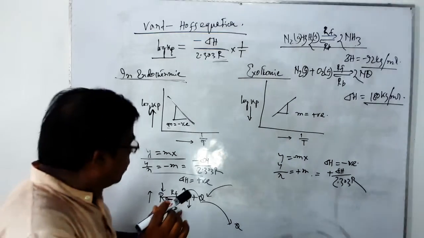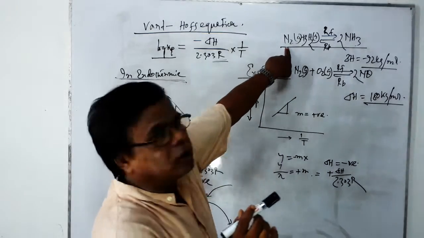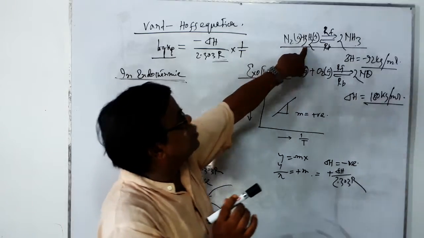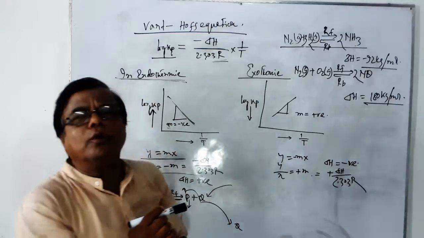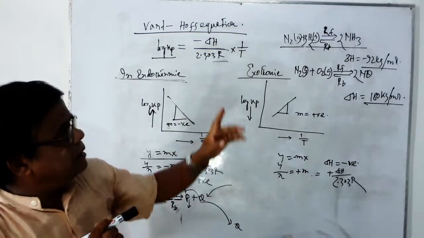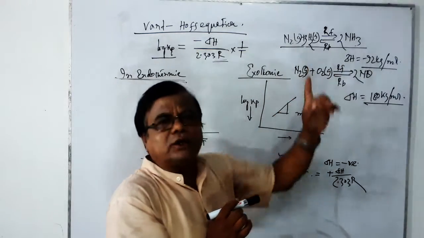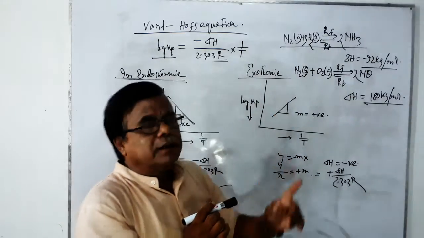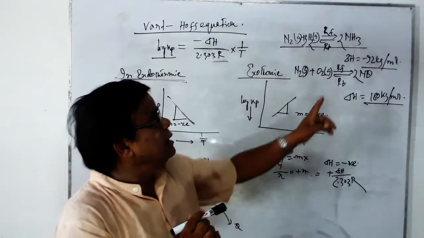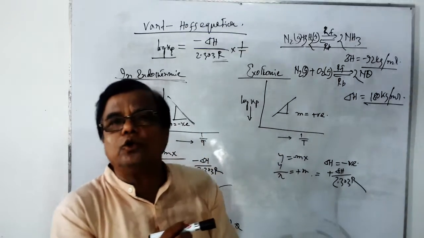According to this equation, if nitrogen reacts with 3 moles of hydrogen gas, 2 moles of ammonia are formed. This is an exothermic reaction where the change of enthalpy is minus 92 kilojoule per mole.